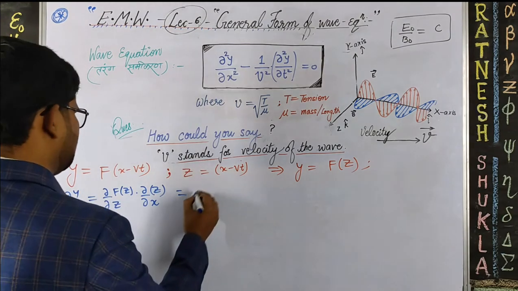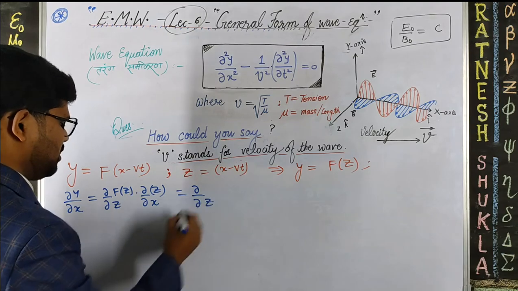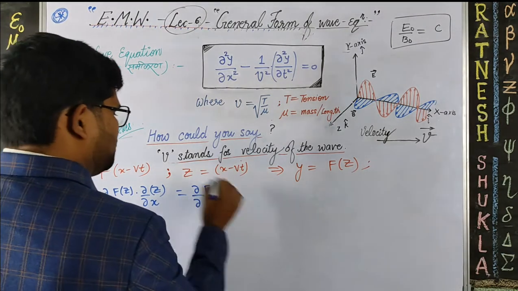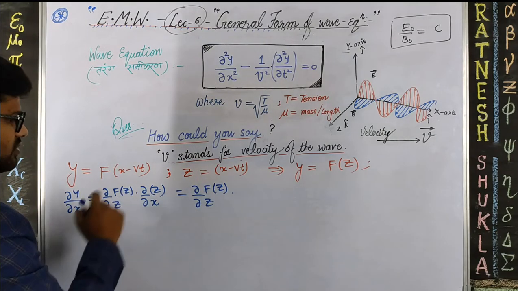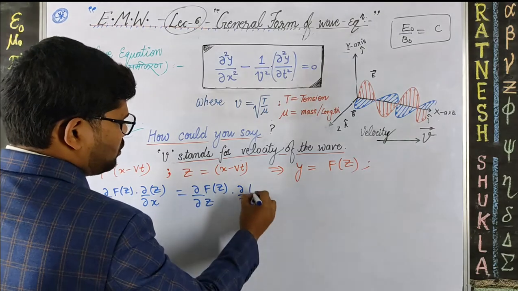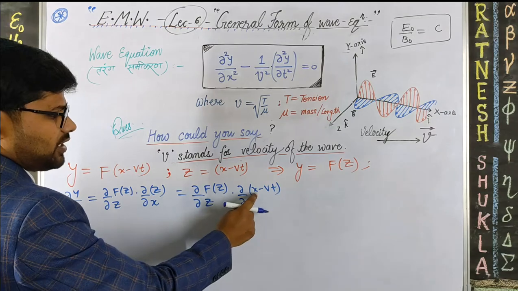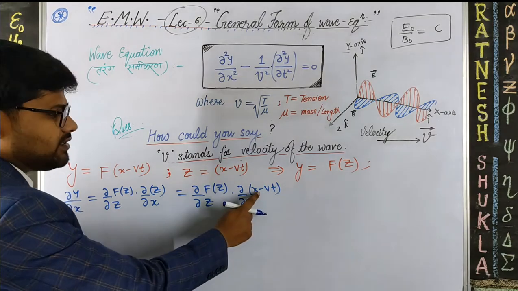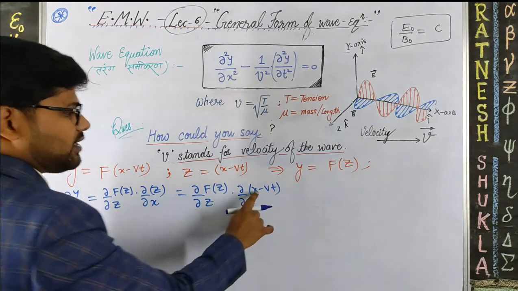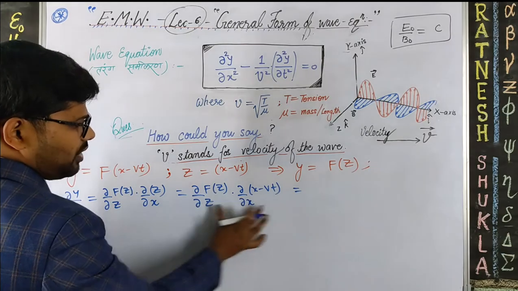That is d/dz of f of z into d/dx of z. z equals x minus vt, so d/dx of x minus vt. If you differentiate this with respect to x, you will get 1. d/dx of x is 1, d/dx of minus vt is 0. That is 1 minus 0, means 1. So you multiply this by 1.